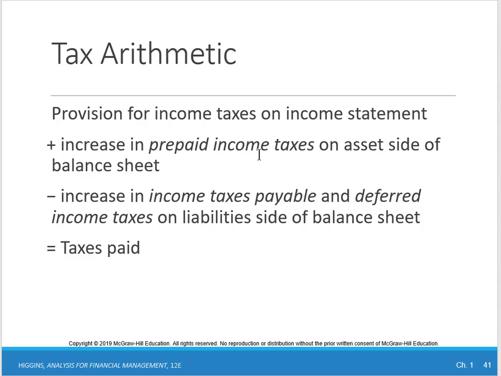In addition, we could have increases in income taxes payable and deferred income taxes that are on the liability side. So if you take the provision for taxes, take the expense item from the income statement, add prepaid taxes, subtract out taxes payable and deferred taxes, that will tell you the actual taxes paid for the year.